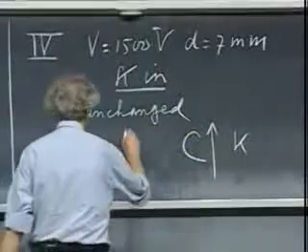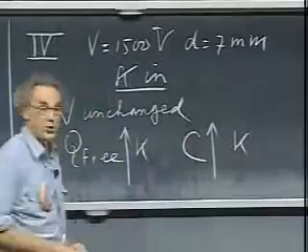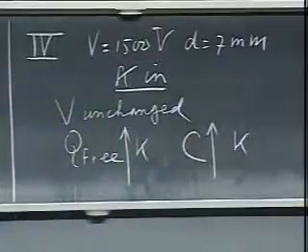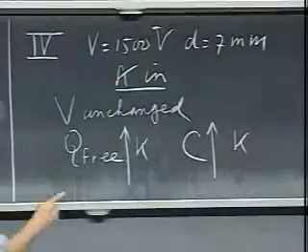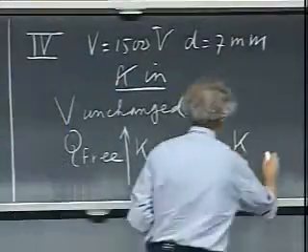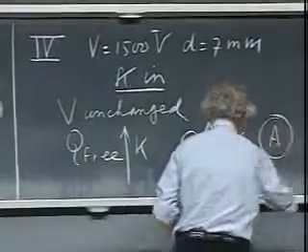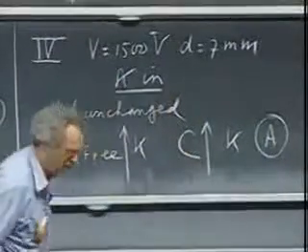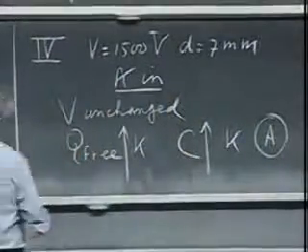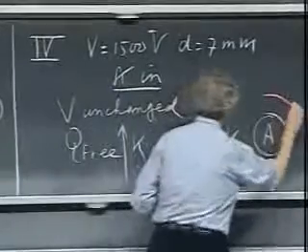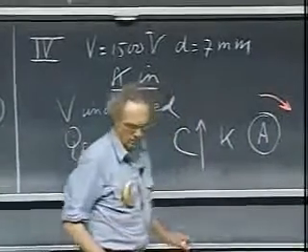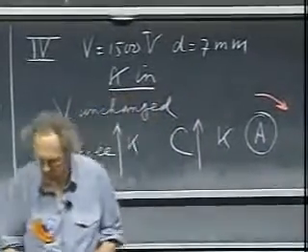What does that mean? That charge will flow to the plates. I increase the charge on the plates, and so my ammeter will tell me that, and will now do this. And that's what I want to show you.